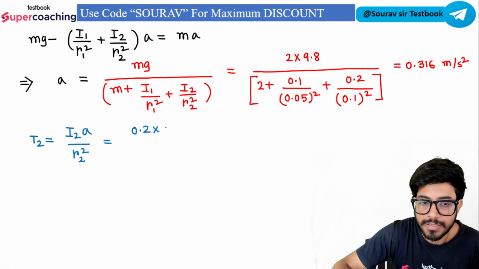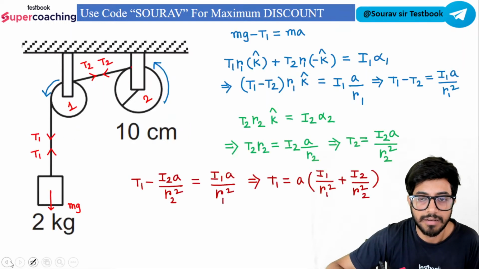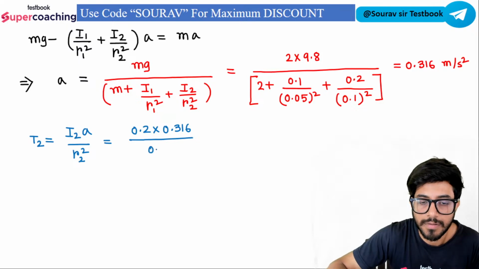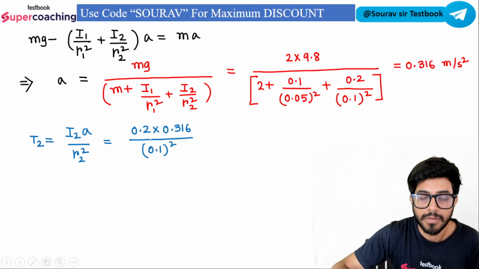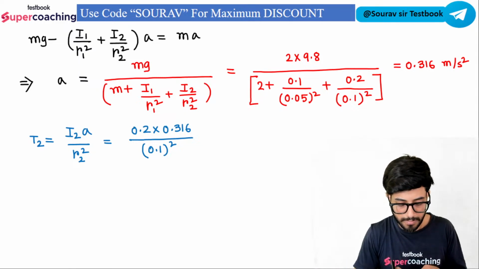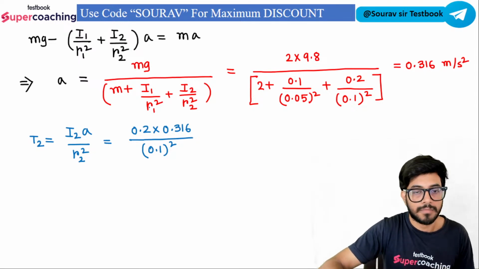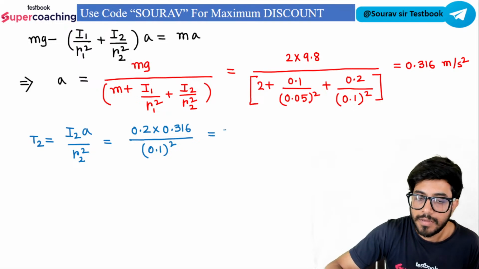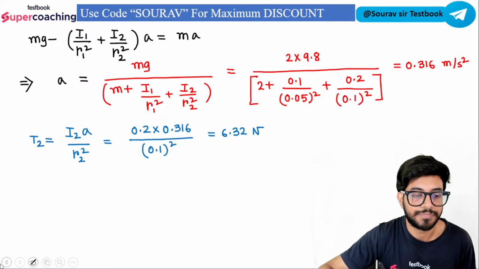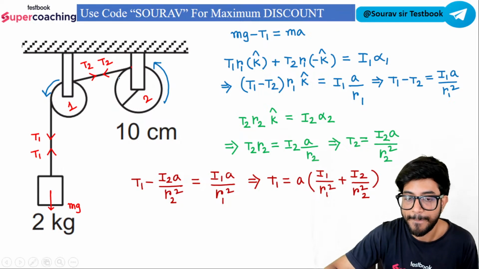What is the acceleration? 0.316, divided by the radius of the second, that is 0.1. So that thing is 20, giving 6.32 Newton. That is the tension. That's your 6.32 Newton, T2.